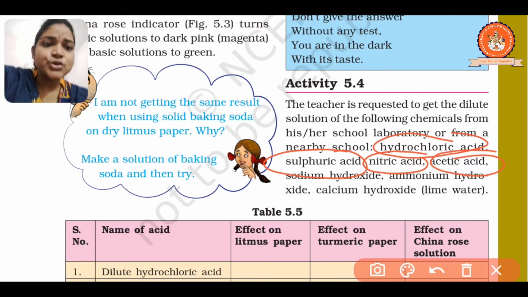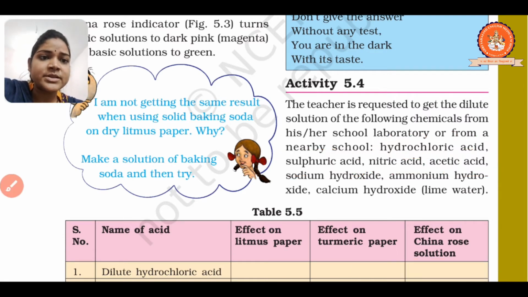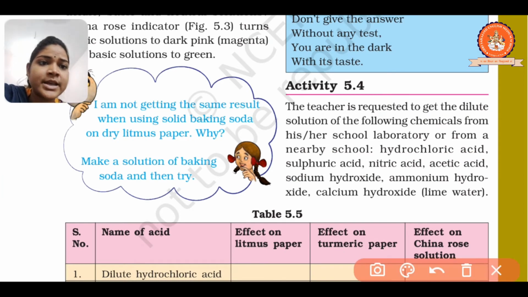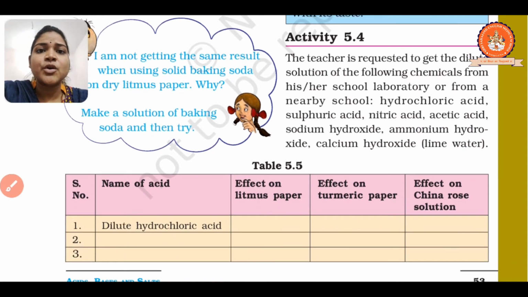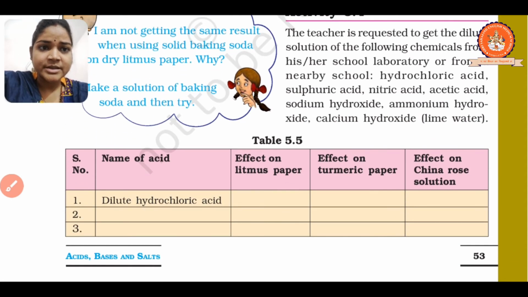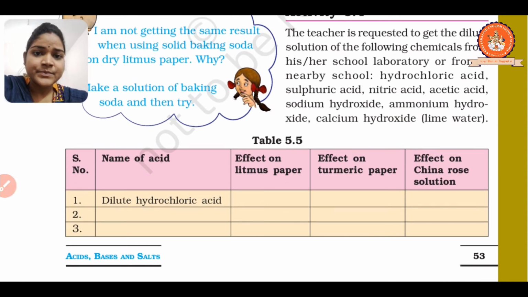Now the remaining substances are sodium hydroxide, ammonium hydroxide, calcium hydroxide. These are basic in nature. So if we dip red litmus paper in these solutions, it turns blue, right? So these are the effects of these substances on litmus paper.